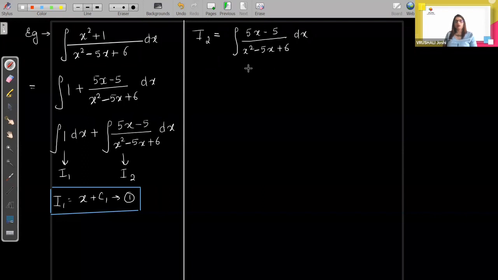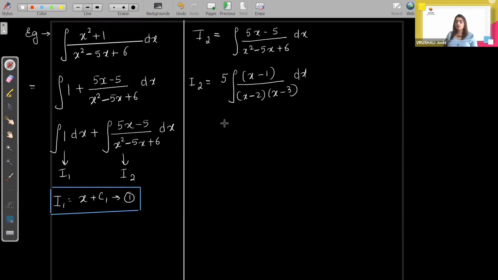Now we can factorize the denominator. See, in the numerator we can take 5 common, and that 5 can just come out of the integration. 5 integration, this is going to be x minus 1 divided by, we all know, x minus 2 into x minus 3 dx.